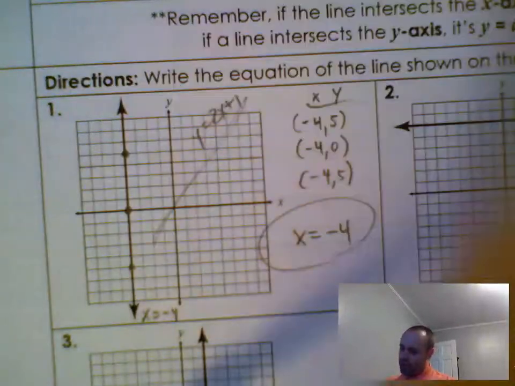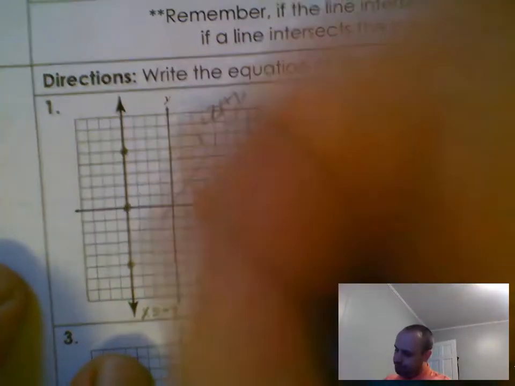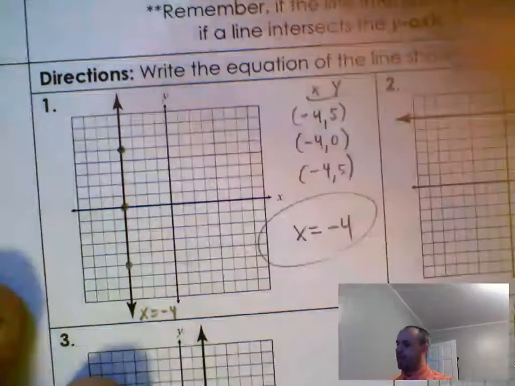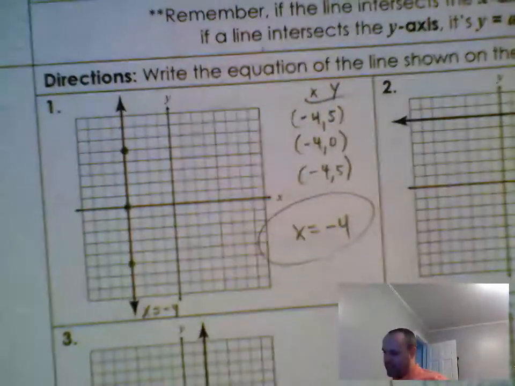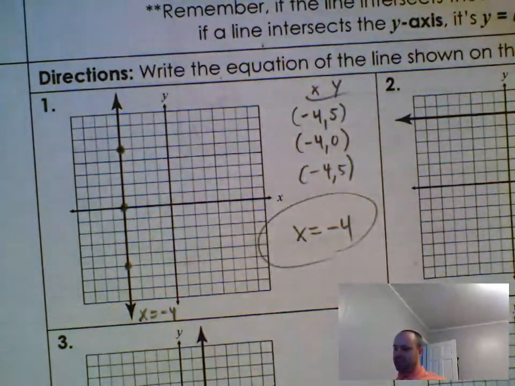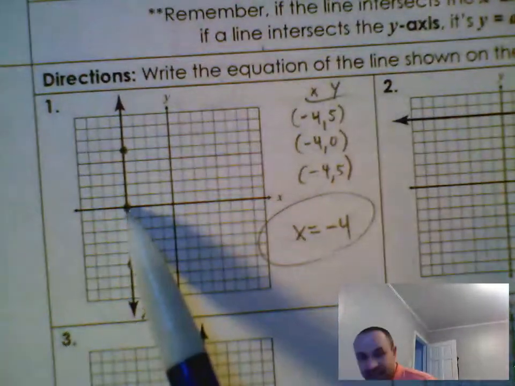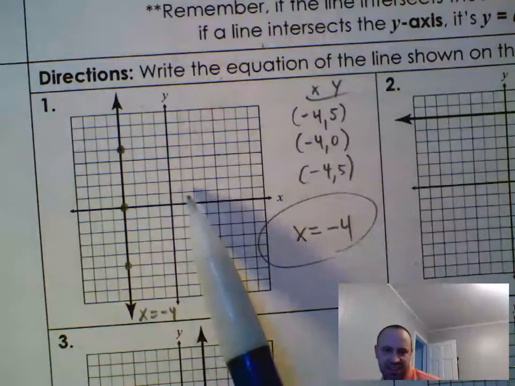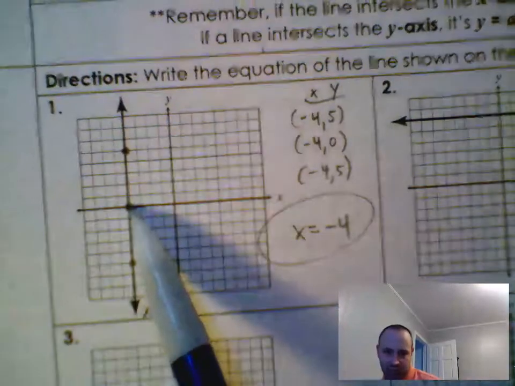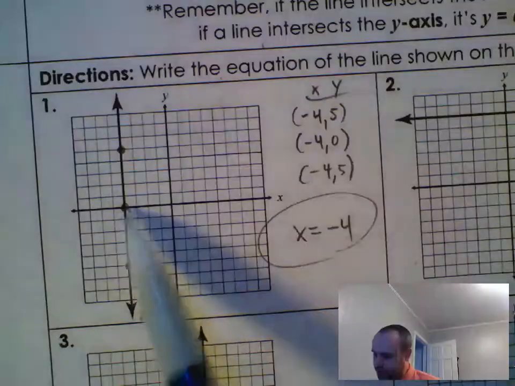When we have a straight vertical line, then it's going to be x equals, because that's where the x-intercept is, okay? The x-intercept, where it intercepts the x-axis, is x equals -4. That's the x-intercept, okay?